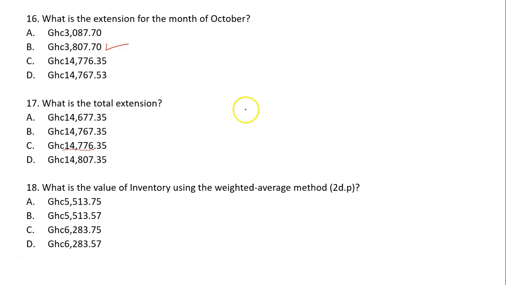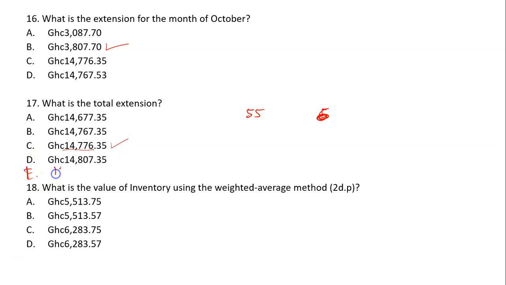Now, in approximation, 55 can never be approximated to 35. 55 can only be approximated to 56. So, I know a lot of students will choose this as the answer, but personally, I'll choose E.